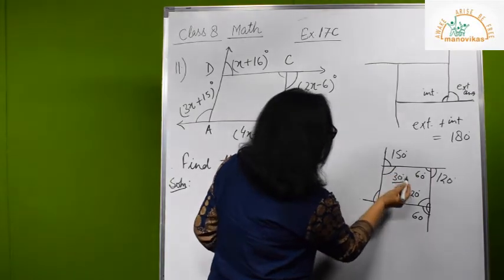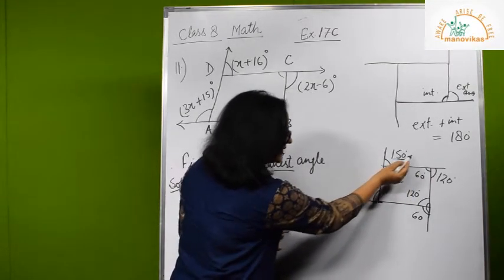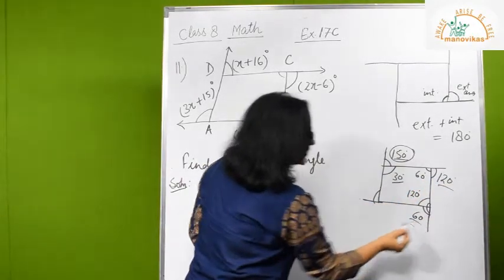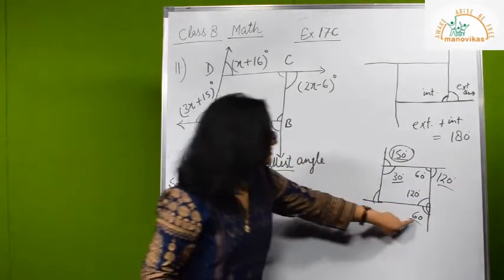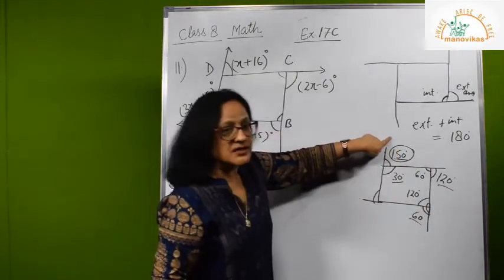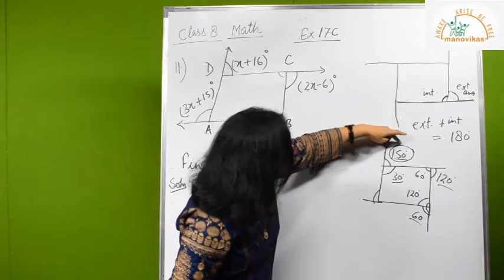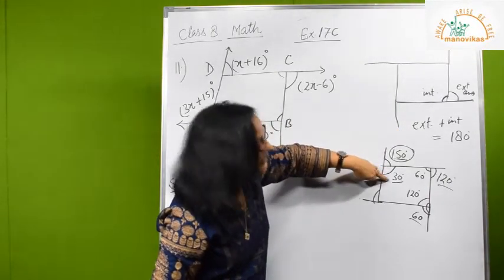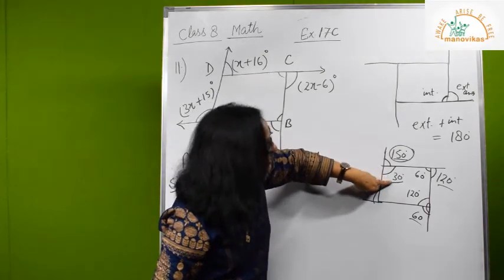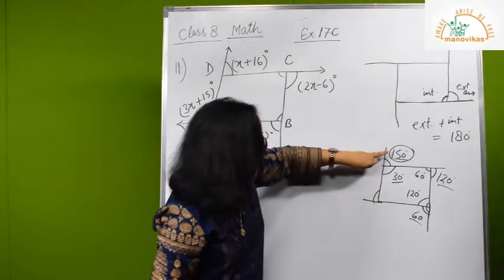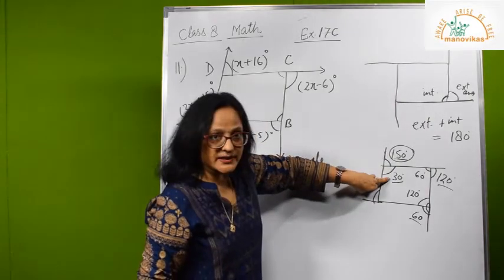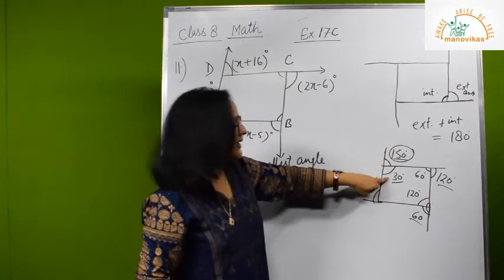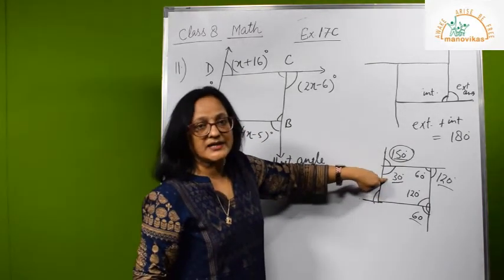The exterior angle 150 is the greatest among these three exterior angles. So the exterior angle which is greatest, its linear pair as an interior angle will be the smallest.